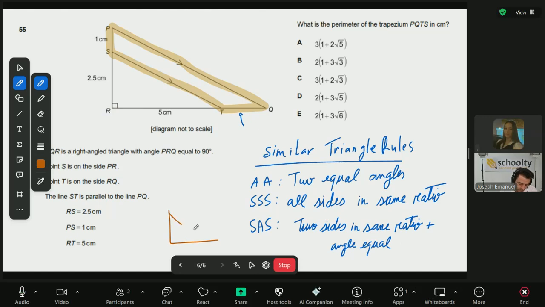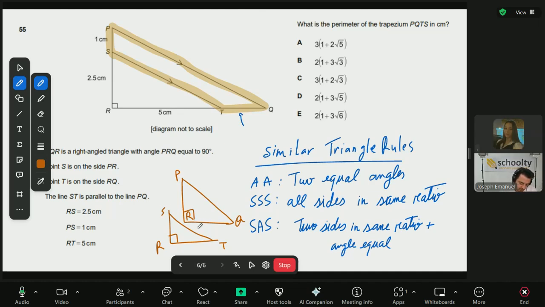We have SRT, and we have the bigger one, which is PRQ. So the angle we have and the two sides are in proportion, and because this is parallel, there should also be proportions here.